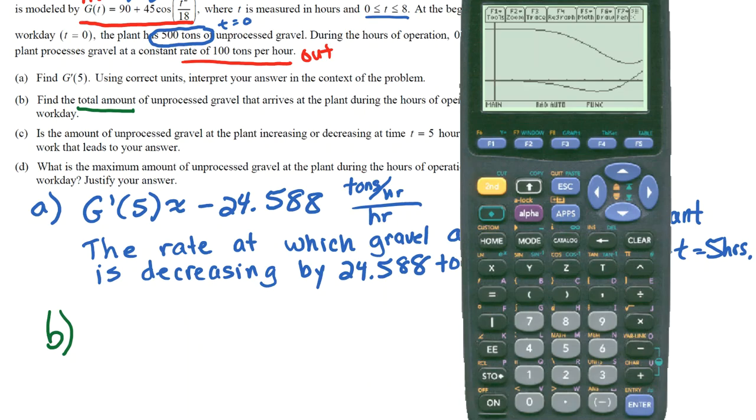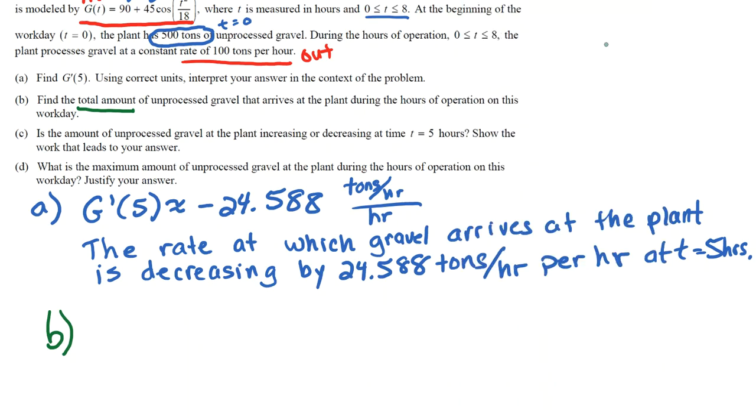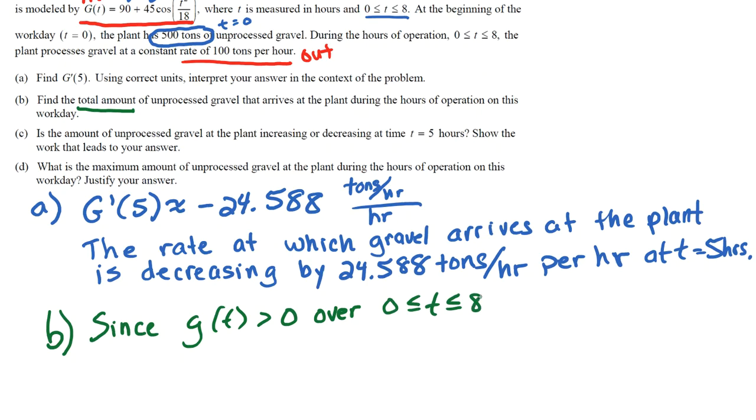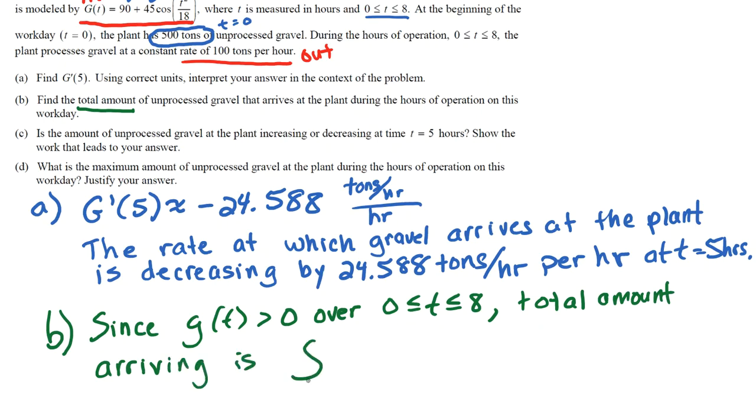So either put in absolute value into your integral, or say since g of t is greater than 0 over 0 to t less than 8, the total amount arriving is the integral from 0 to 8 of g of t, and I guess I should use capital G as it was given.